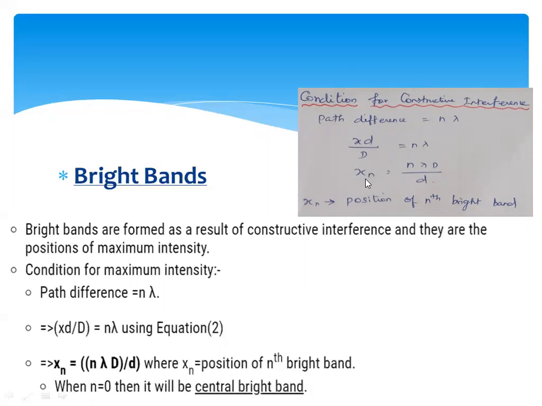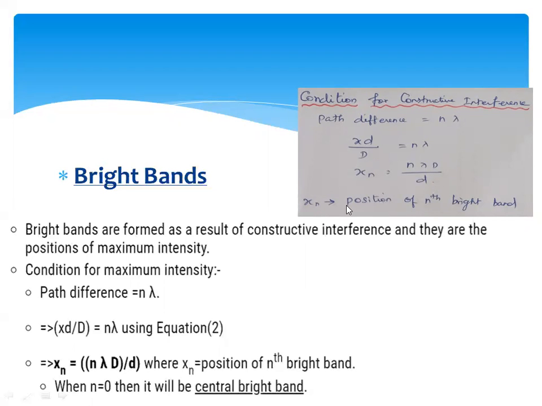For the nth bright band, capital D goes to the top and small d becomes the denominator. So n lambda into capital D goes here and small d comes here. So xn is equal to n lambda D by small d.